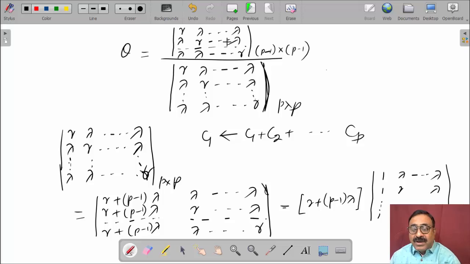Now we multiply the first column by lambda and subtract it from the other columns.